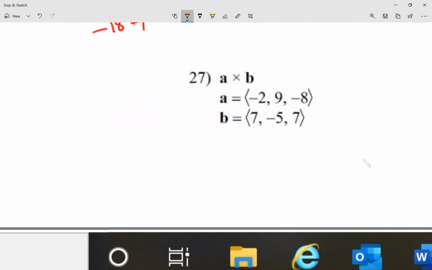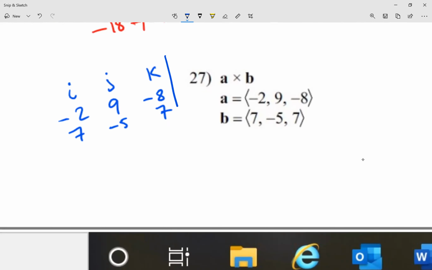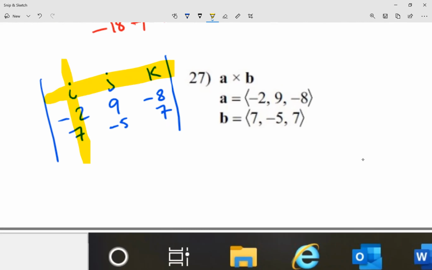Let me use the left for my matrix. My first vector is -2, 9, -8. My second vector is 7, -5, 7. And I know the first row is the I value, the second row is the J value, and my K. And let me write this as a matrix. Now for my I value, I have to cross out the letters and cross out the column with the I's.